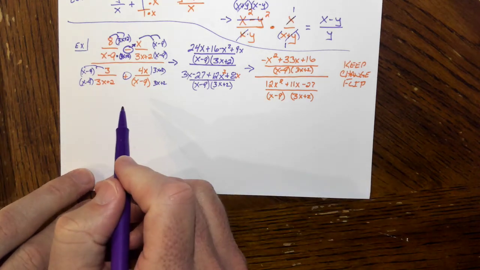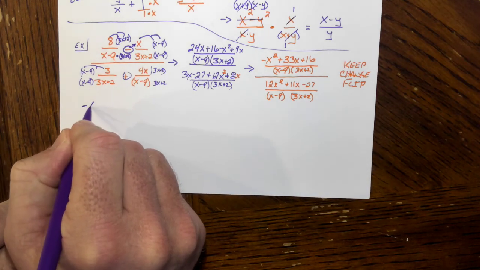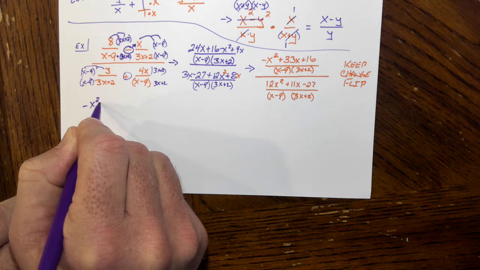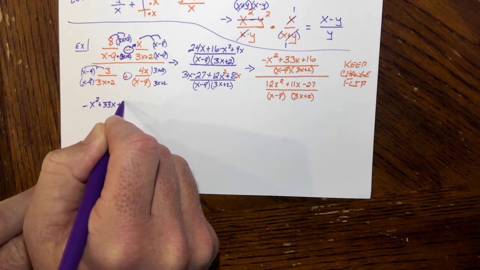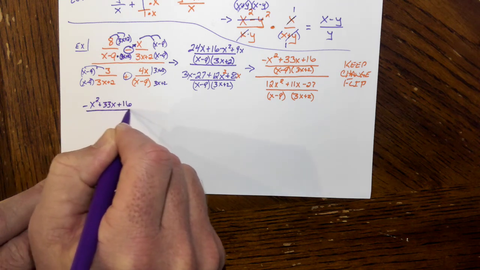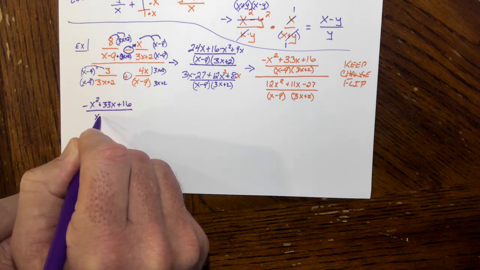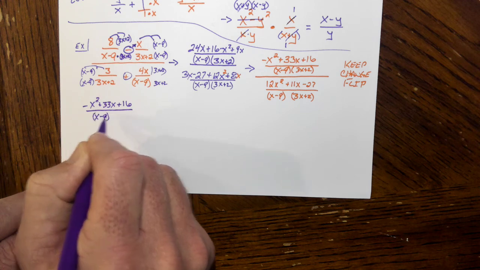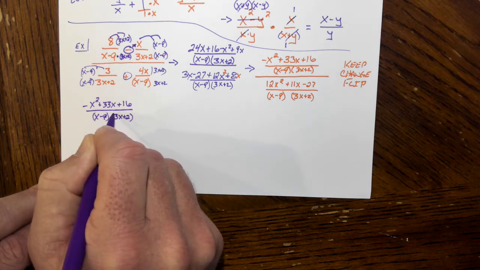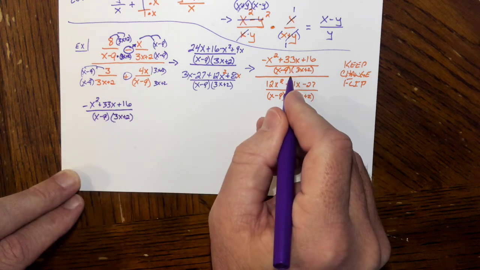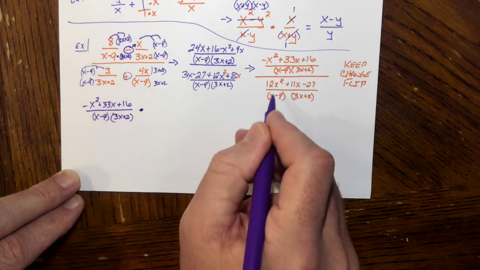So I'll bring it over here. Negative x squared plus 33x plus 16. Quantity of x minus 9. Quantity 3x plus 2. There's the keep. Change it. Times. And then the flip occurs.